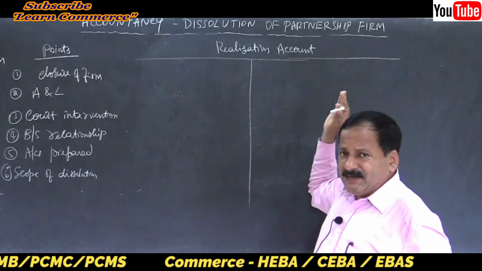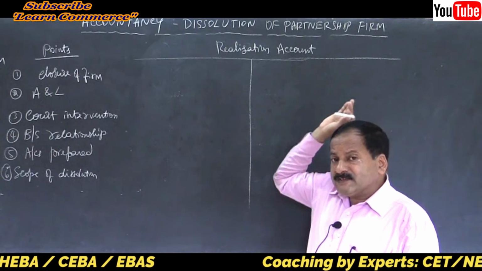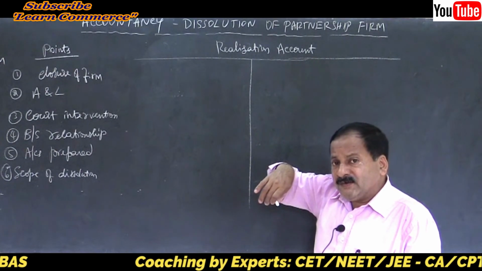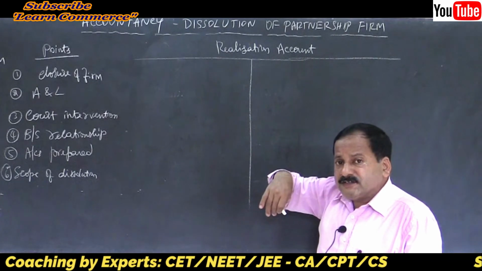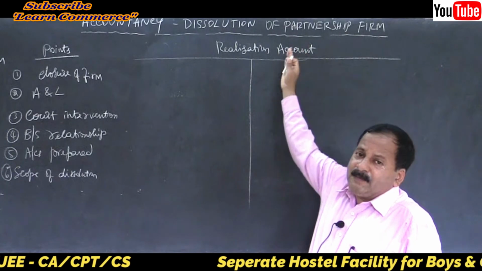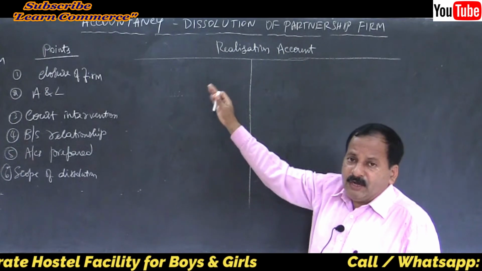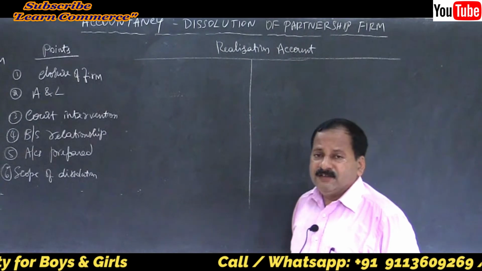Whatever you did under admission and retirement, right? If anything appears on the asset side, profit and loss account, accumulated loss, you will debit it to partners capital account, that is partners capital account debit to profit and loss account, isn't it? Accumulated loss, you will record that.